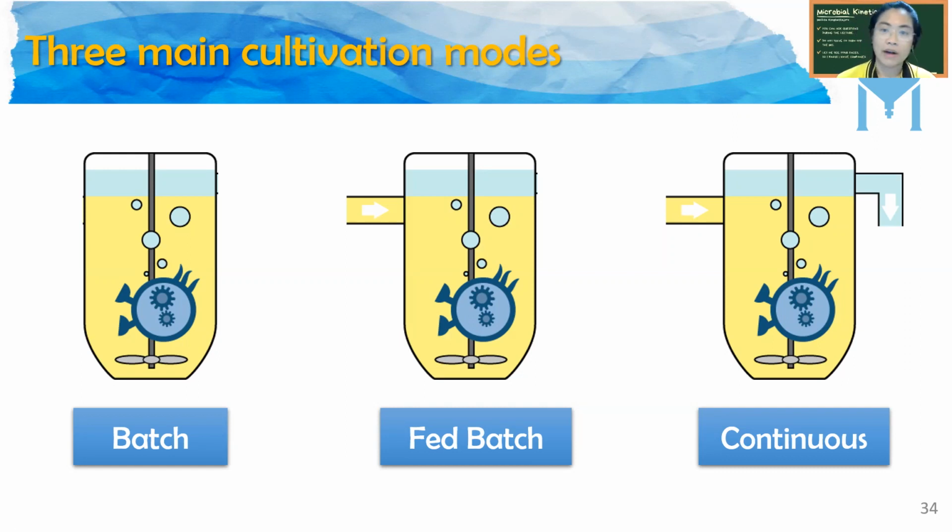There are some other variations as well, but they are all based on these main modes of fermentation. So what we are going to see today are what batch cultivation is, fed batch cultivation, and continuous cultivation.